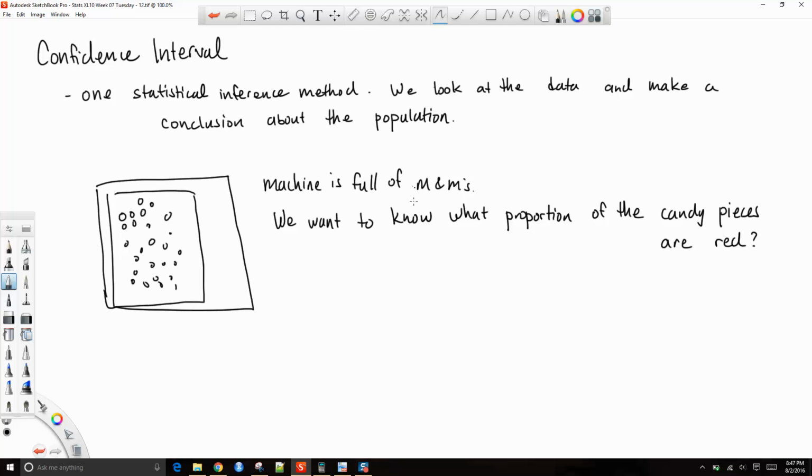Machines full of M&Ms, like thousands or hundreds of thousands of M&Ms, thousands and thousands of pieces. So without counting all of them, can we estimate the proportion that are red?